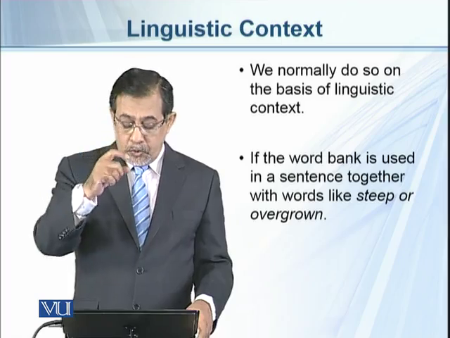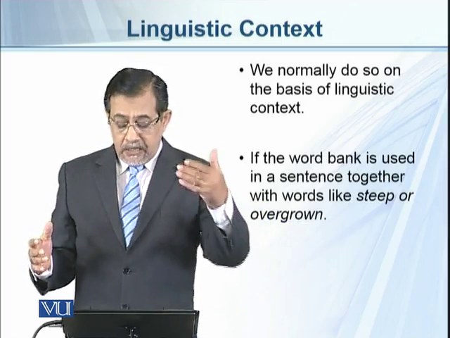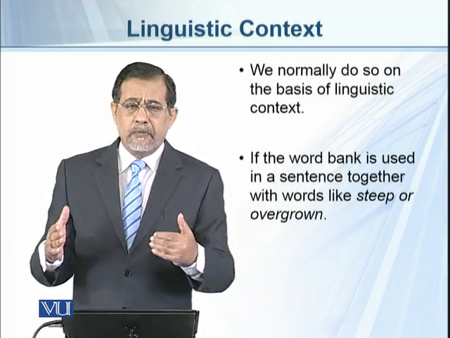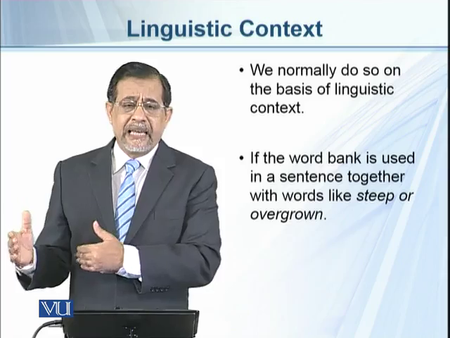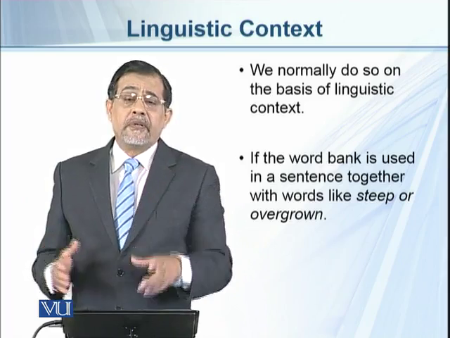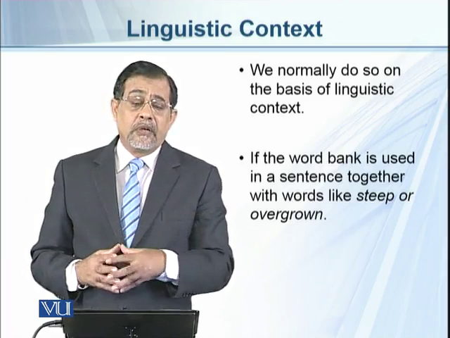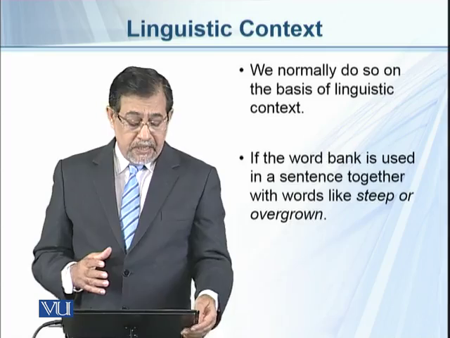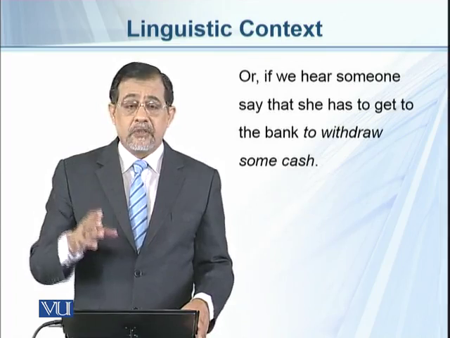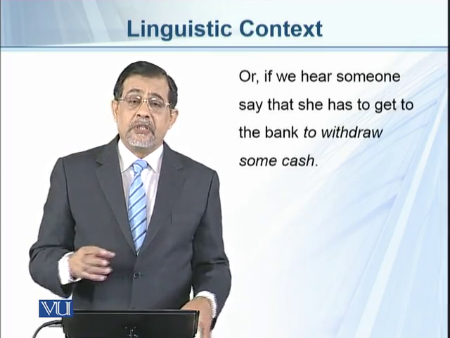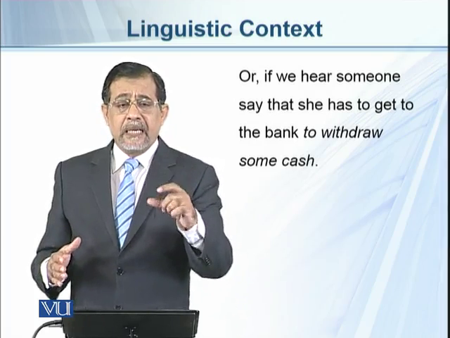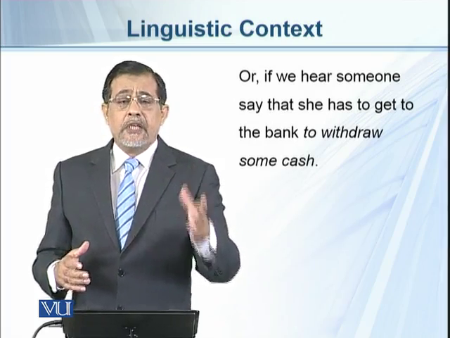If the word bank is used in a sentence together with words like steep or overgrown, so steep bank or overgrown bank of the river or the canal, we can easily understand that here the edge of the river or the canal is meant. But if we hear someone say that she has to go to the bank to withdraw some cash, there is no doubt that we take it that bank is referred to as a financial institution.